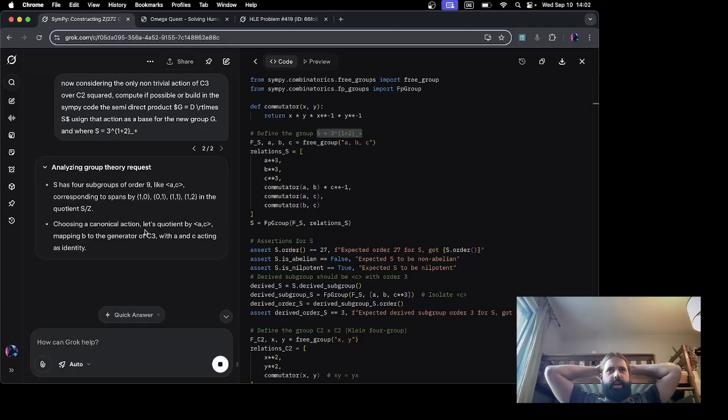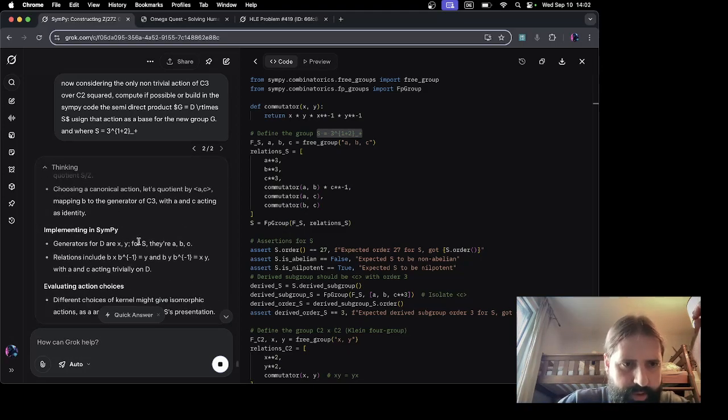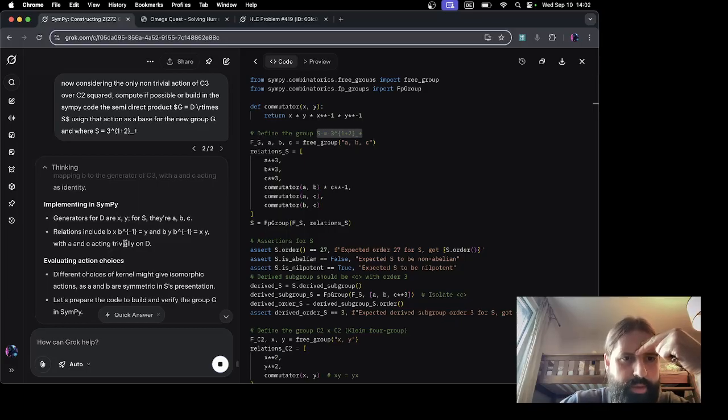I don't know how to break that into small steps for Grok to solve these. I just don't know if it's doing this the right way.